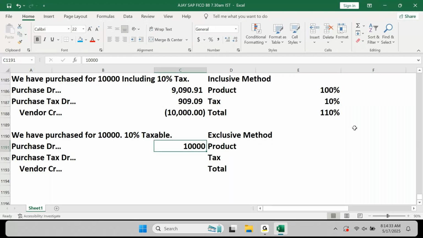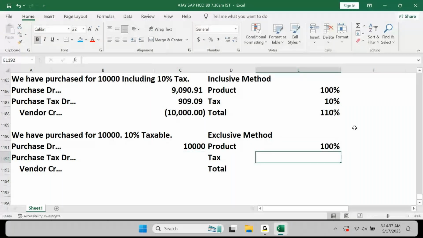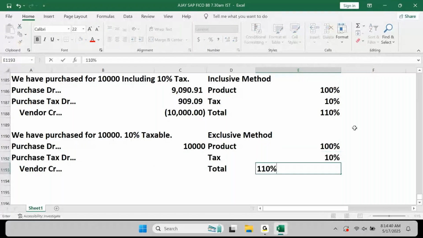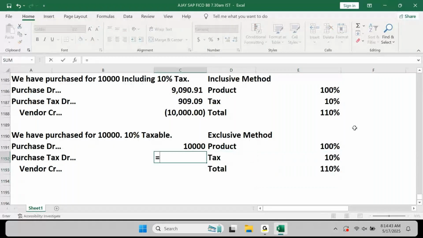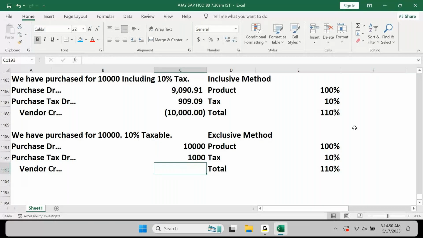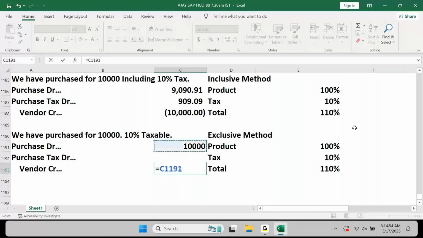Yes. My tax is 10% and my total will be 110%. Straight away I can apply here, right? 10,000 into 10 divided by 100. I'm getting 1,000. Total, as the name suggests, is this plus this.